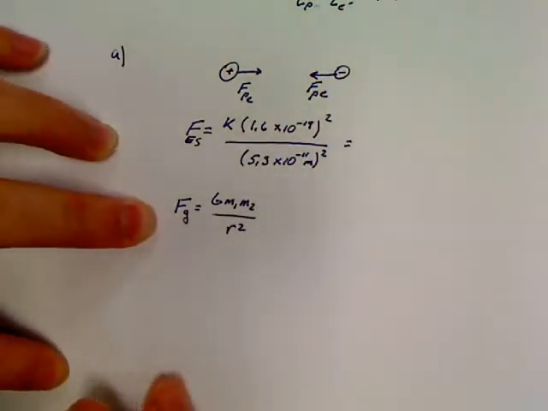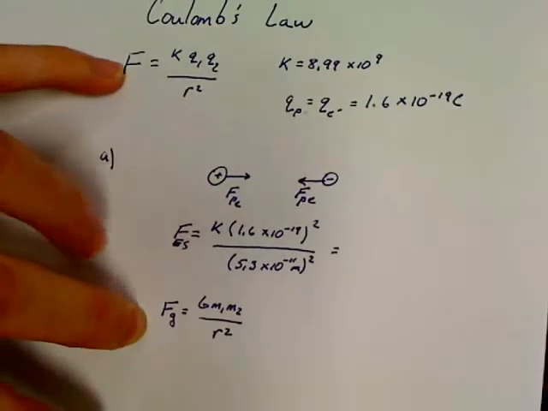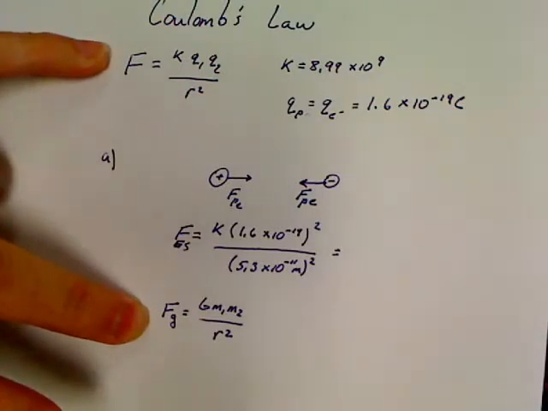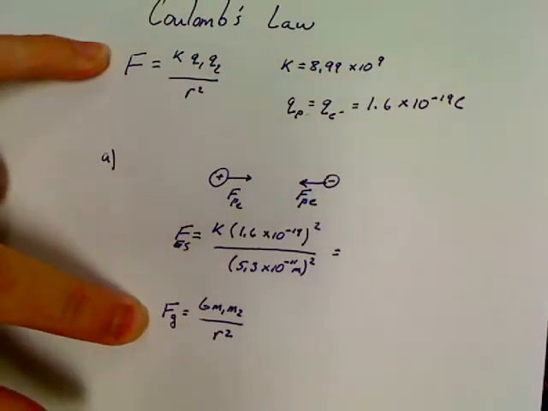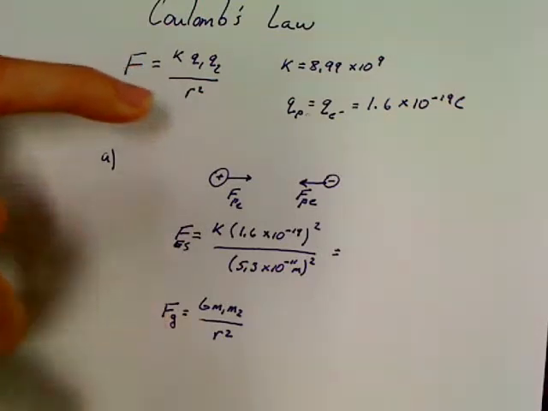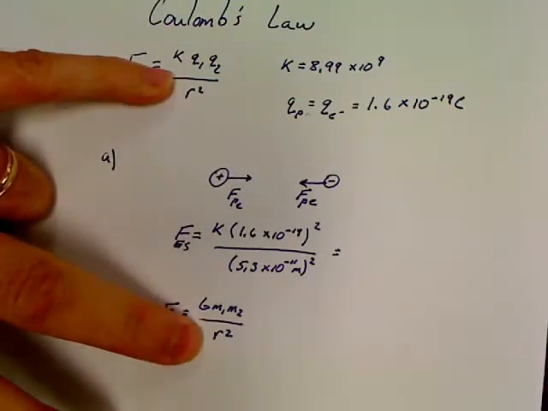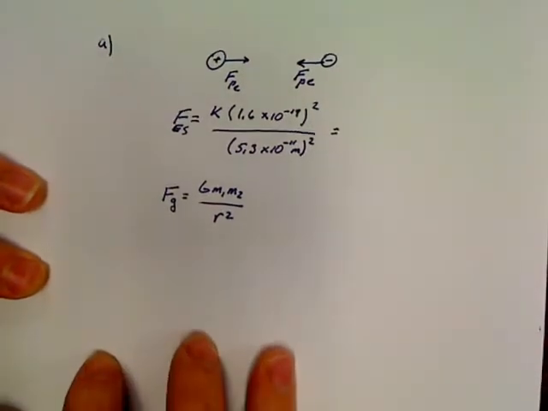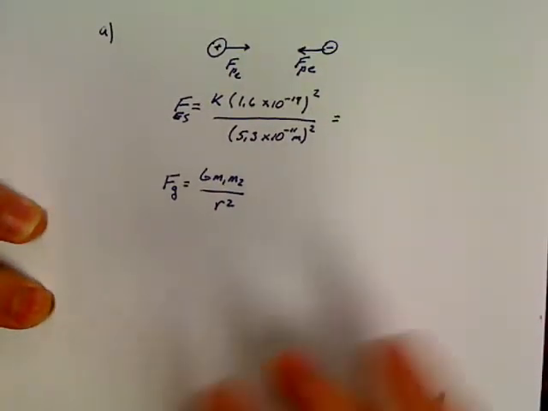Now, I hope you notice that there are definitely some similarities between these two equations. Both of these collectively are known as an inverse square law for that reason. As the separation between the particles or the masses increases, your force falls by the square proportion. So that's just a neat thing. That's why these two look eerily like the same equation.